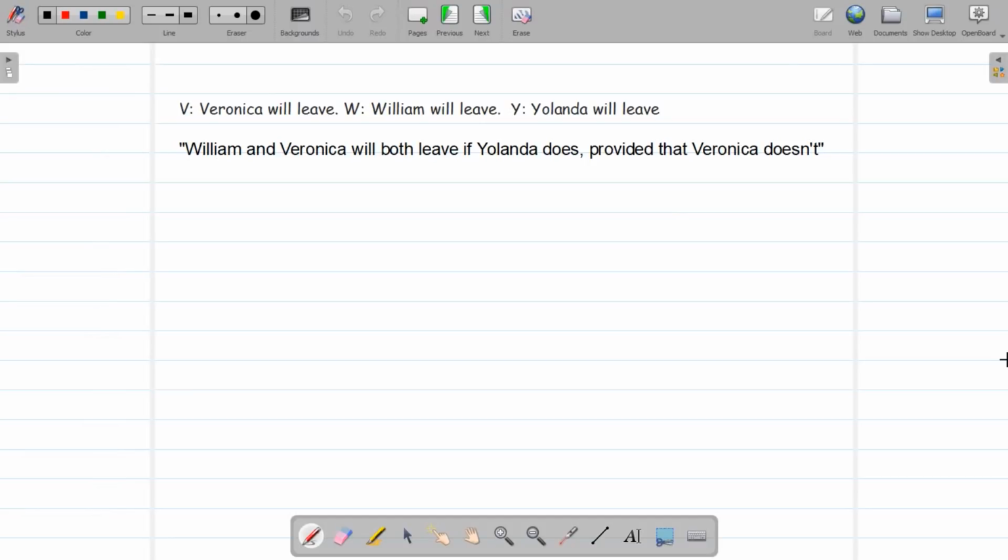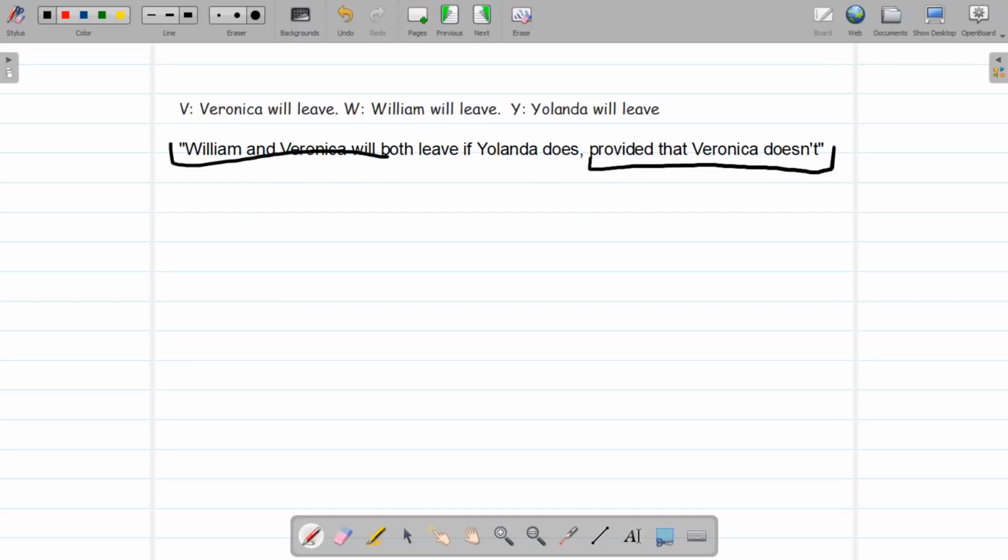And there's a hint here. The hint is the comma. The comma tells you where the main break in the sentence is, how to break the sentence up into its relevant parts. So we've got two main parts before and after the comma.